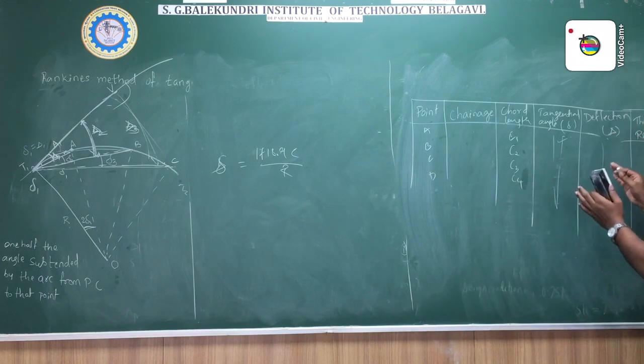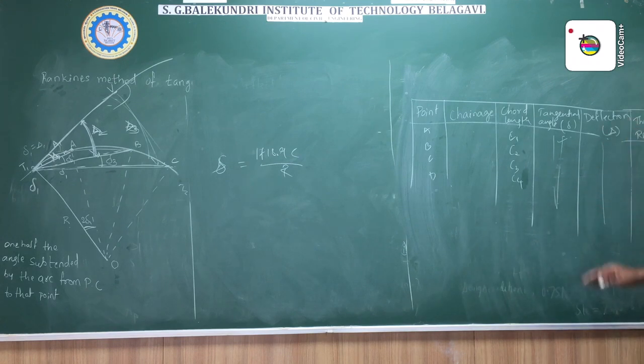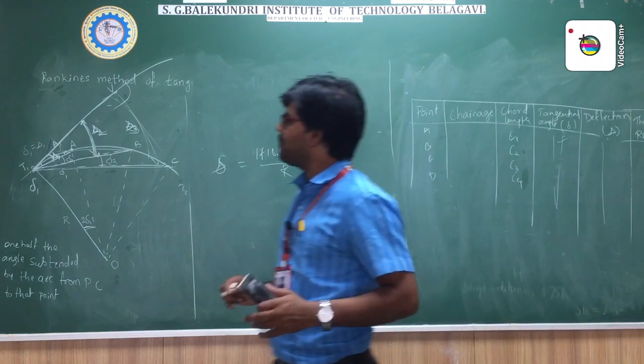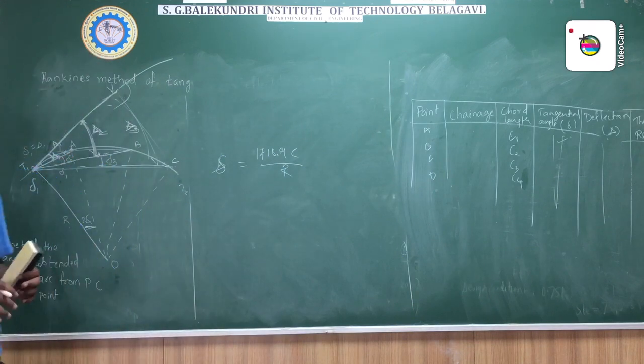With respect to this angle, you are going to check with the theodolite reading. This is how we usually represent the survey records in practical consideration. Just go through this. With this, we will be continuing with the next part of the curve.